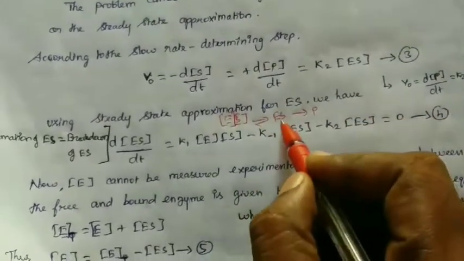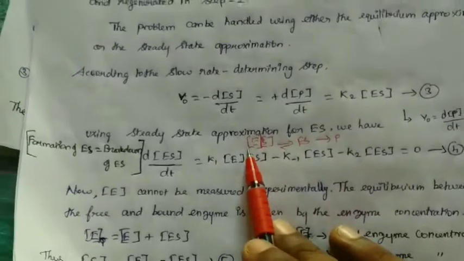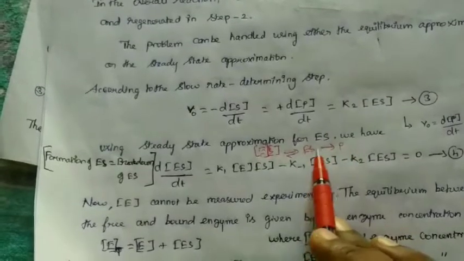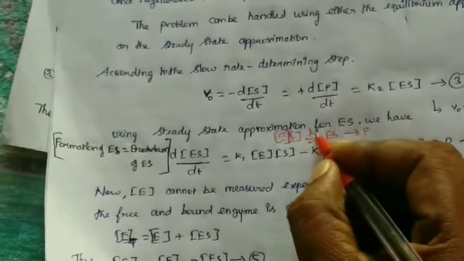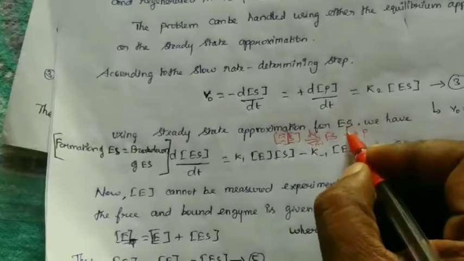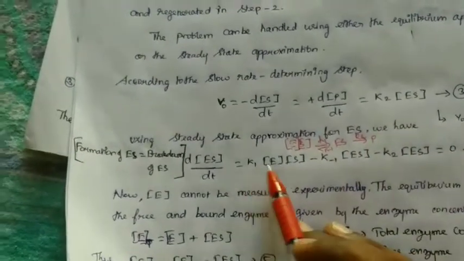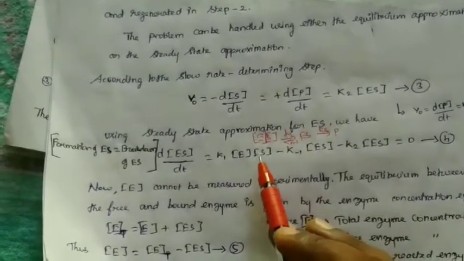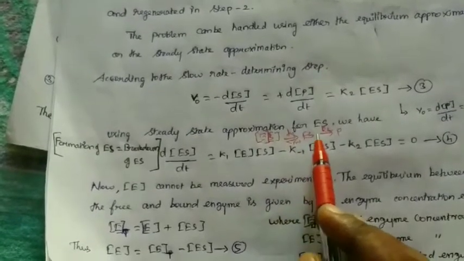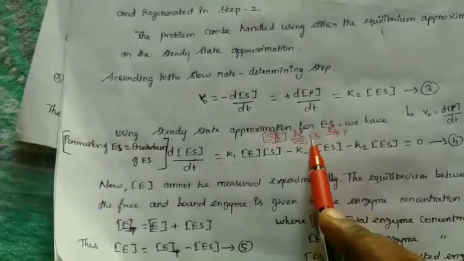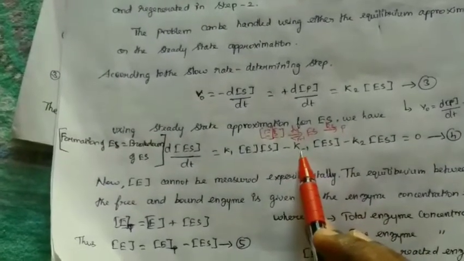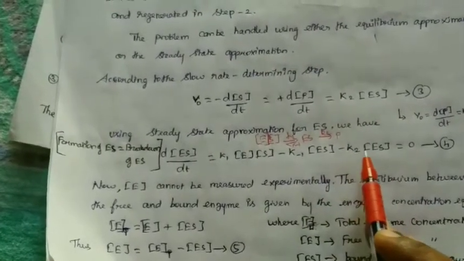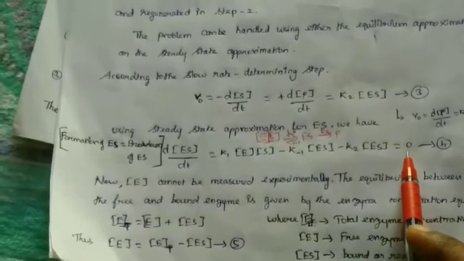Here, the rate of formation of ES is equal to the breakdown of ES, for which we have K minus 1 and K2. So K1 [E][S] minus K minus 1 [ES] minus K2 [ES] is equal to 0.